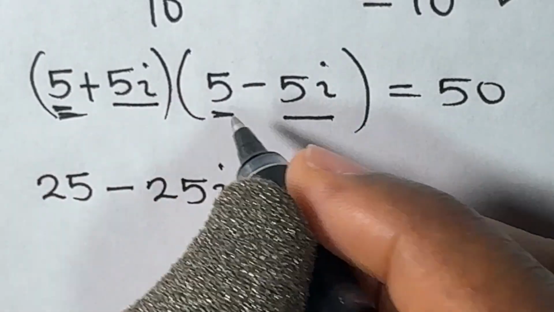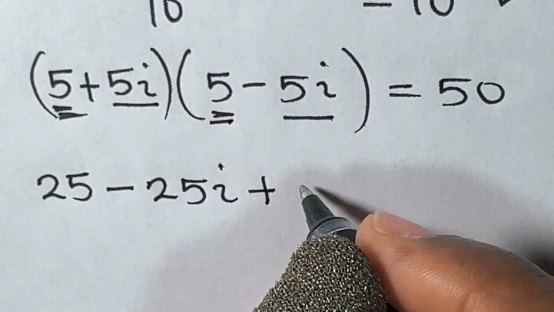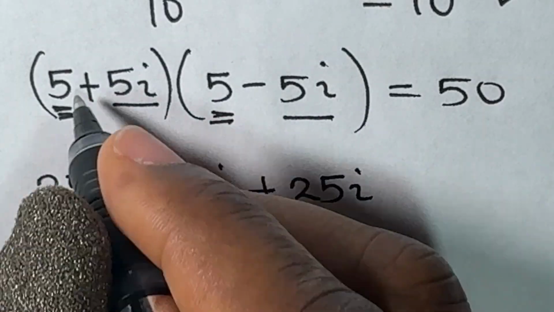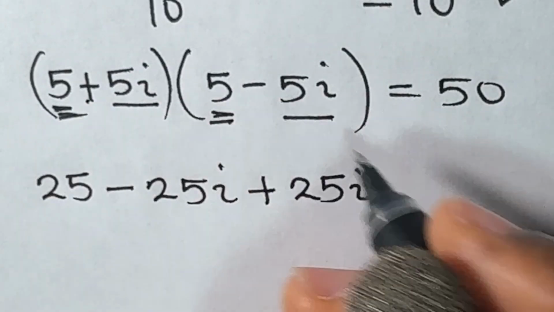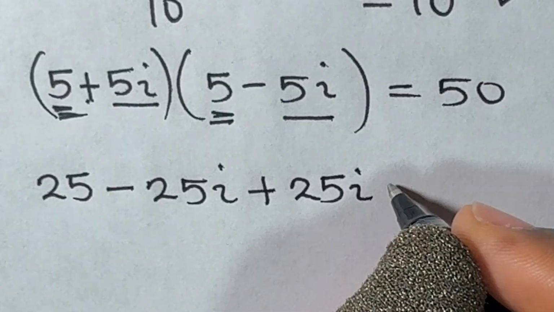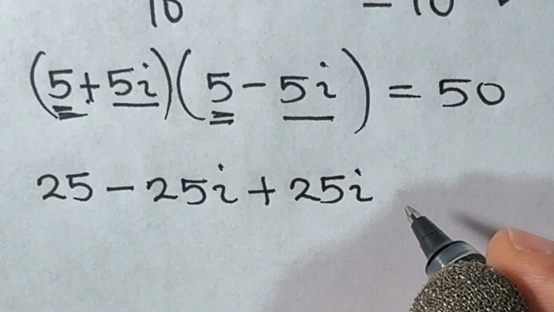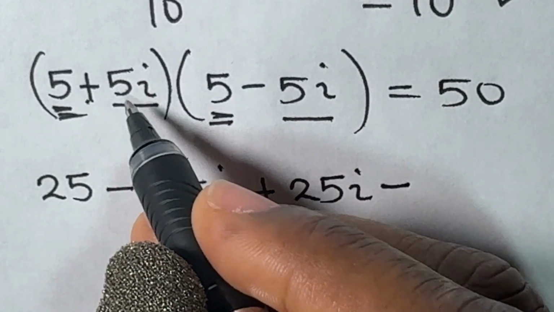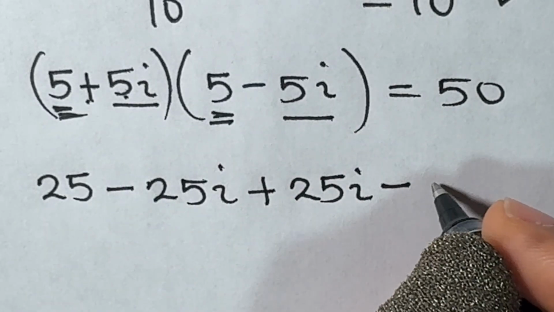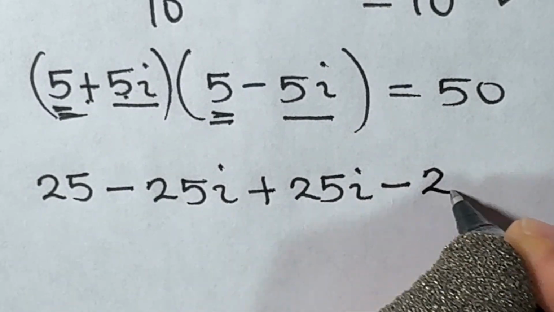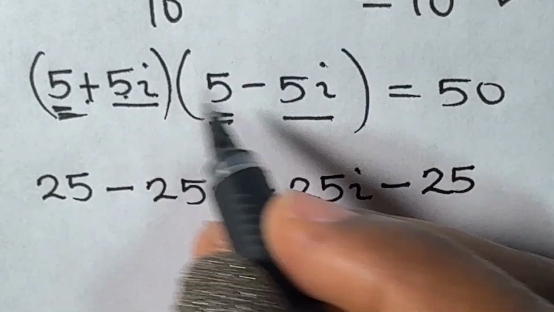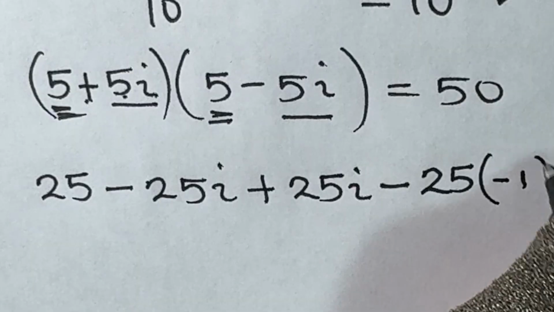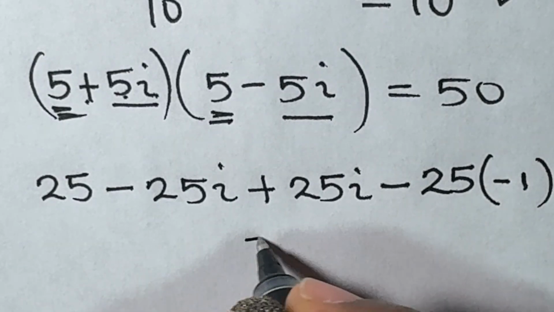Then 5 here, 5i here times this gives us 25i. Then minus times plus times minus here gives us minus. 5 times 5 is 25. And i times i is minus 1.